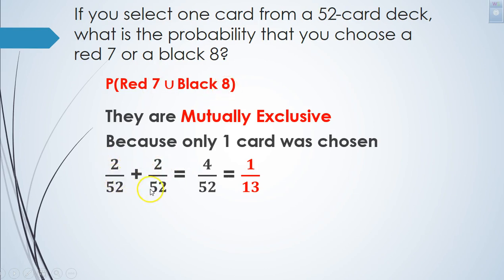So all we're doing here is adding these together, because remember, when it's an OR statement, we're going to add. The only time we're going to subtract is if there's some overlap. And there is no overlap here because we only pulled one card. So this is going to be 4 over 52, which reduces to 1 over 13, which we could also say is 7.7%. It would be 0.077.